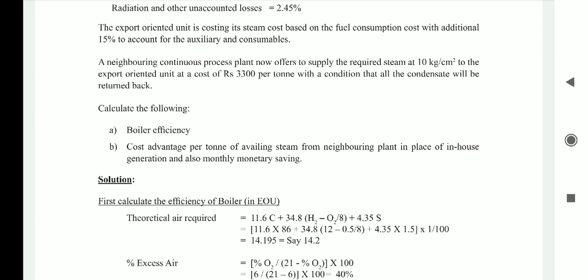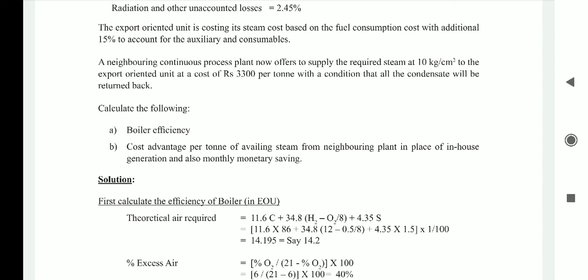After using the steam, the condensate is returned back to the neighboring plant. It is a condition. Therefore, how much cost is saved? Is that project feasible or not? This is our question of that particular problem.